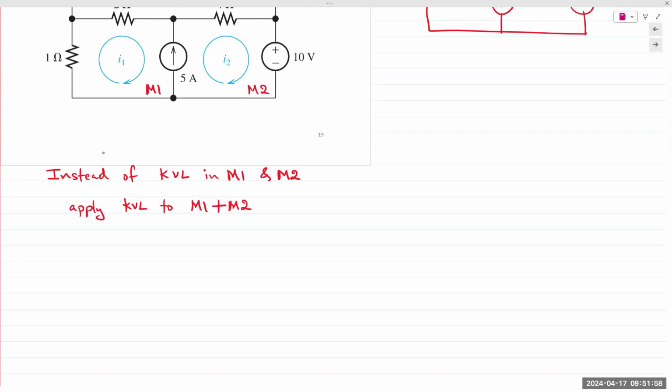That is all you are doing. You ignore the current source, you apply KVL in the outer loop. So again, the name sounds fantastical, but the technique is not. It's simply a shortcut.